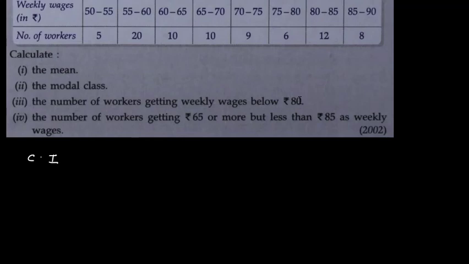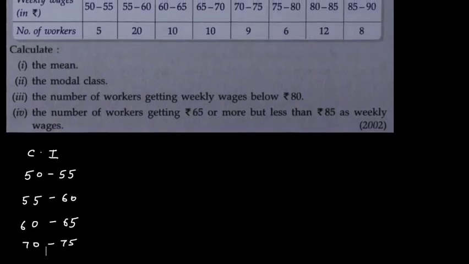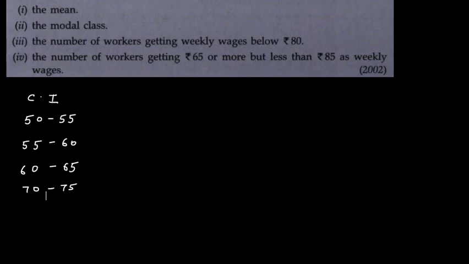Now here the class intervals are 50 to 55, then 55 to 60, then we have 60 to 65, 70 to 75, then 80 to 85, here it is 80 to 85 and 85 to 90. This is the class interval.